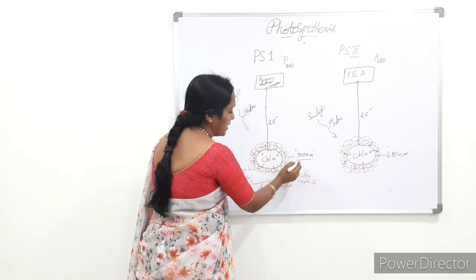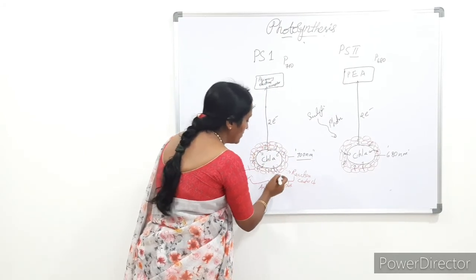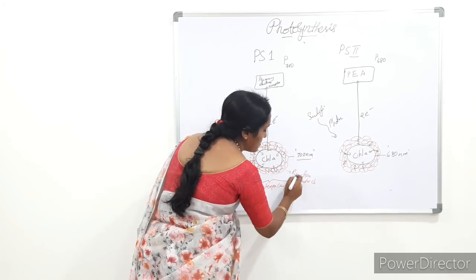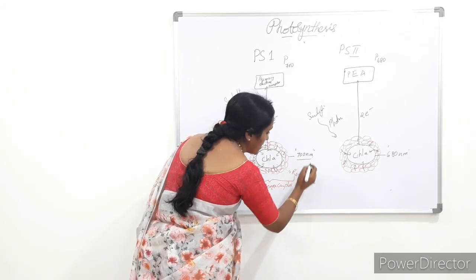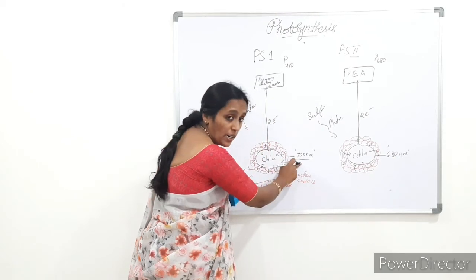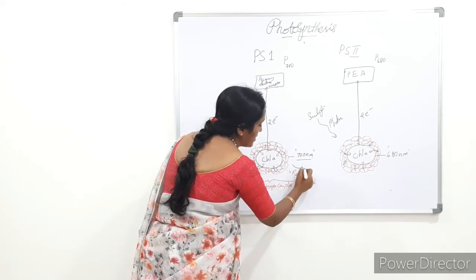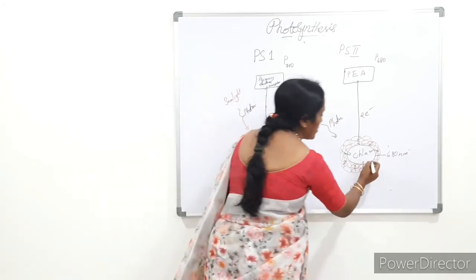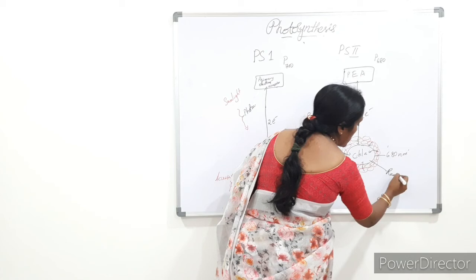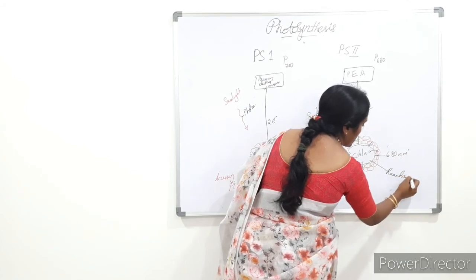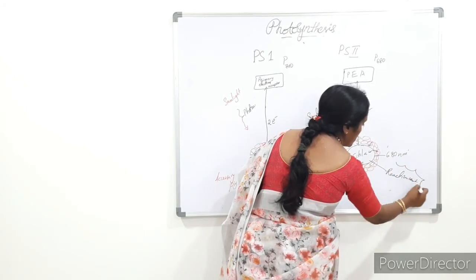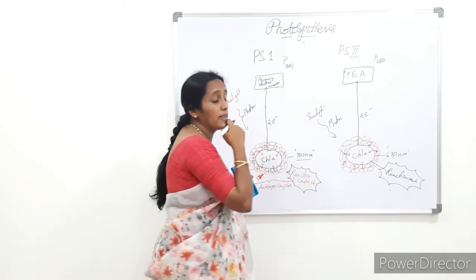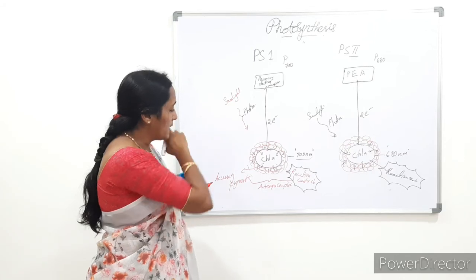In PS1, the reaction center chlorophyll A absorbs the photons at 700 nanometers. Here also the chlorophyll A is a reaction center, but the one difference is that it receives the photons at 680 nanometers.